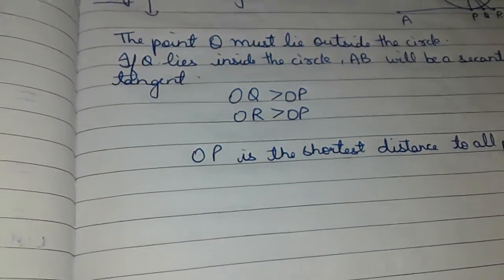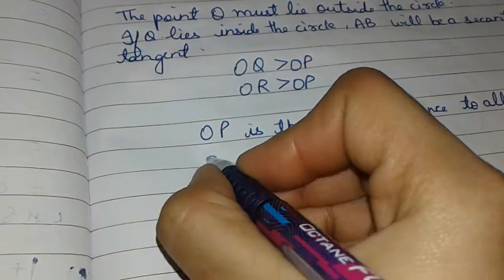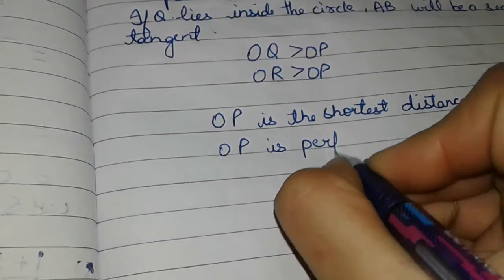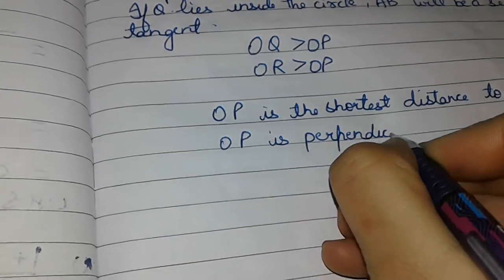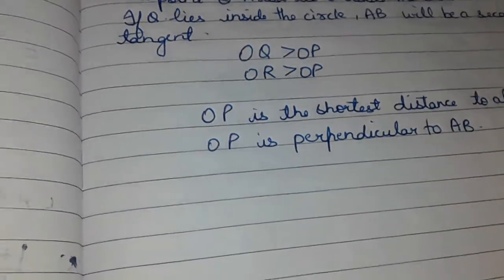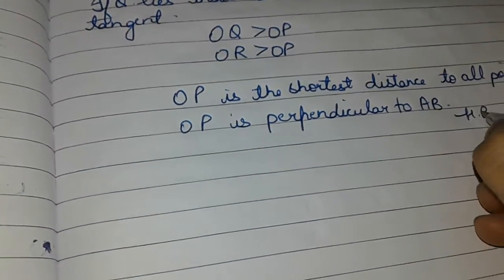The shortest distance is known as the perpendicular distance. So, OP is perpendicular to AB. This is what we had to prove. OP is perpendicular to AB, and hence proved.